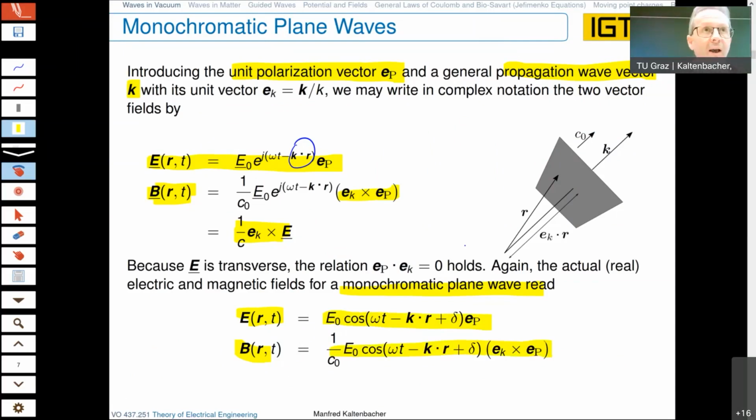The amplitudes are quite similar. We just have to scale the amplitude of the electric field by the velocity of our electromagnetic field being c0.